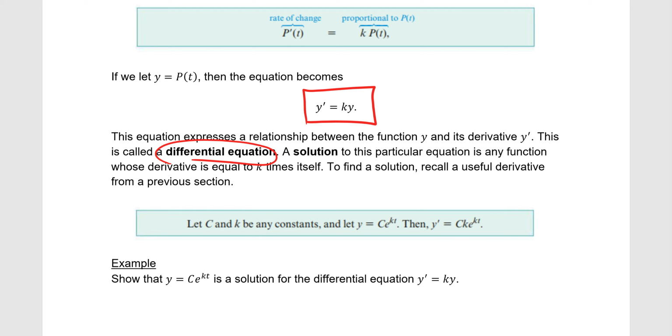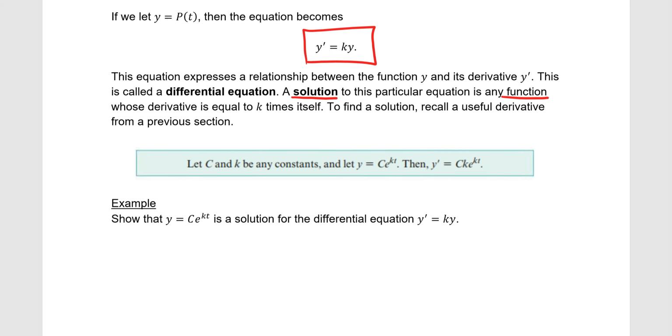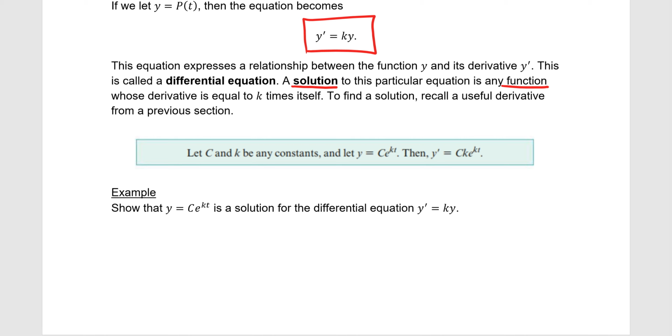When we're trying to find a solution to this equation, the solution is going to be a function. So the solution is a function whose derivative is equal to k times itself. In order to solve a differential equation in this form, we have to remember this little fact right here.